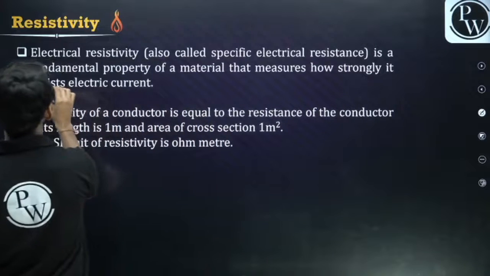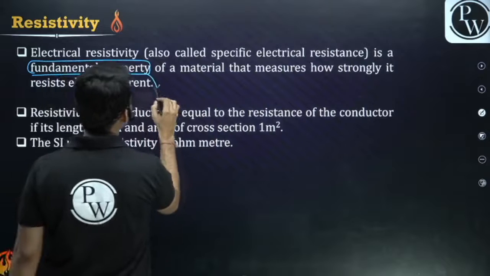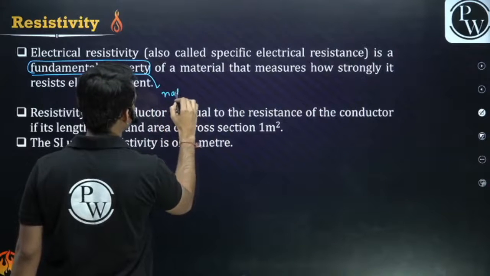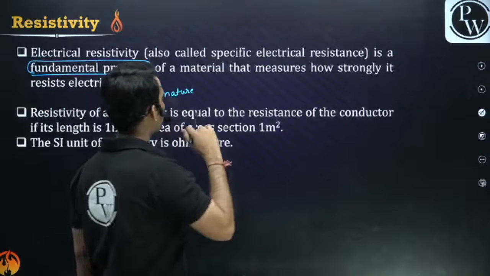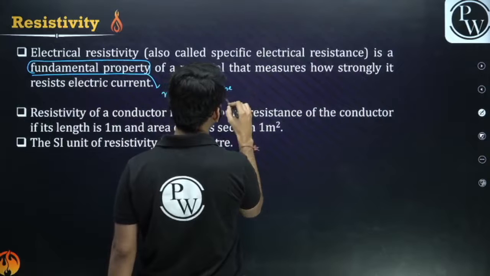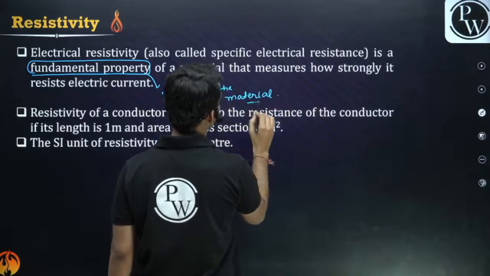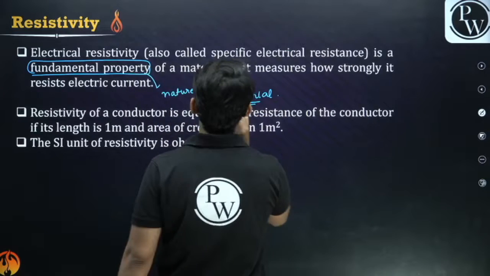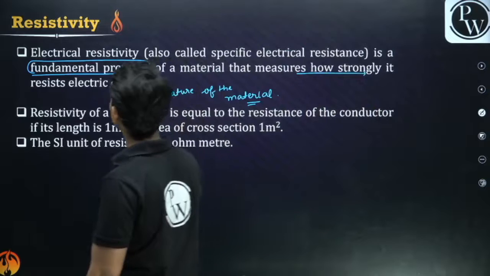Now let's have a look at this resistivity. Basically guys, resistivity is a fundamental property. Why fundamental? Because it depends on the nature of the material, the fundamental nature, right? If I go to the atomic level, it depends on the nature of the material. It is not dependent on external parameters like length and area, right? It measures how strongly the material resists the current.